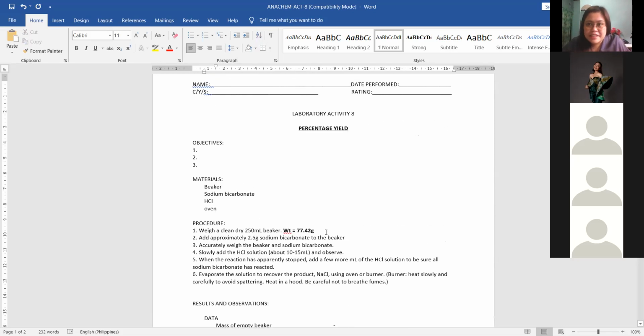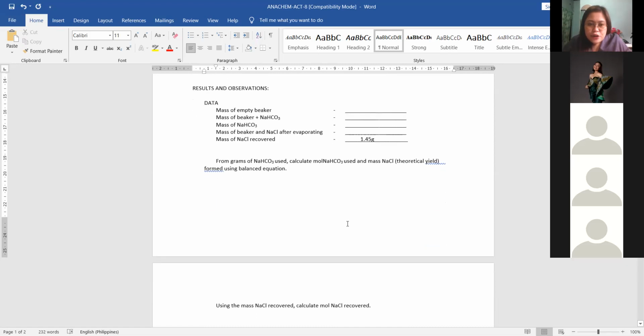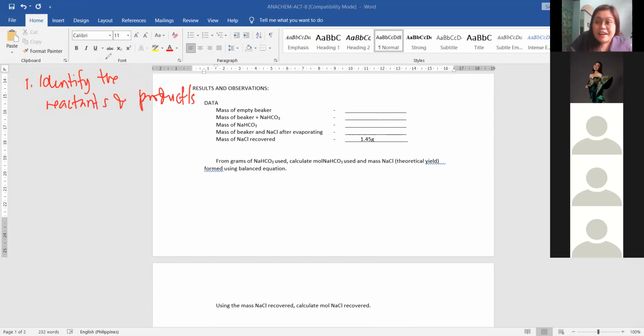This is percentage yield. But before you can compute for the percentage yield, you have to do stoichiometric calculation. So this is what we will do, just like activity number 7. Number 1 is you have to identify the reactants and product or products if there are many, for our problem.